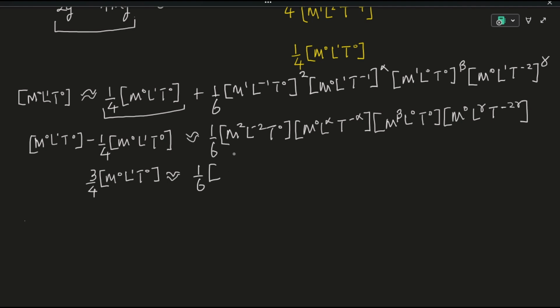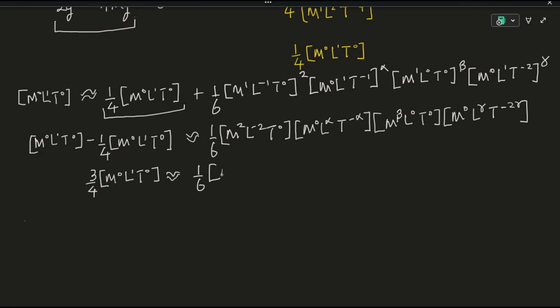And still applying the laws of indices, the products law. We're going to identify their respective base dimensions and their exponents and add them. So when we take the base dimension of mass, we have 2 here, we have beta here.